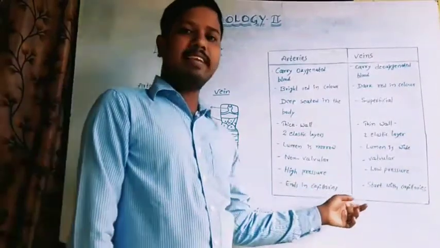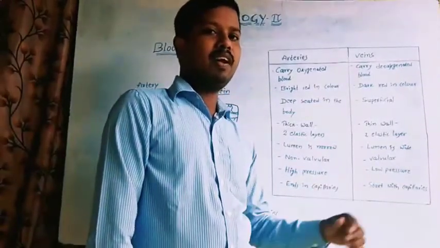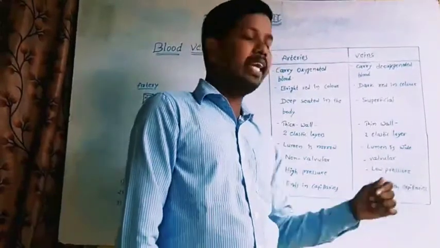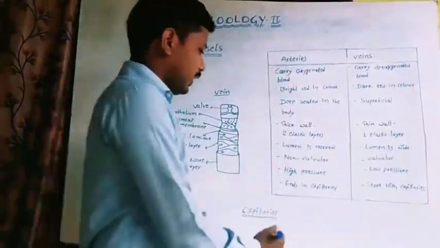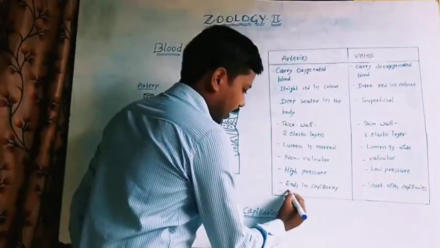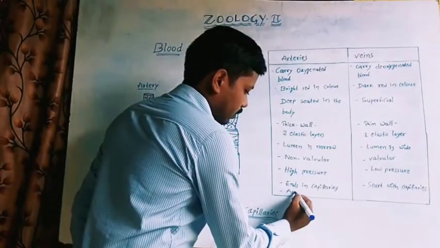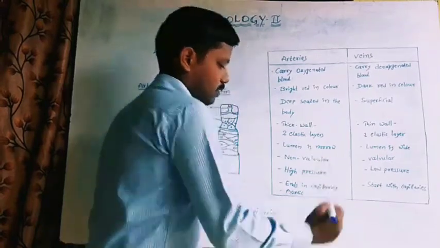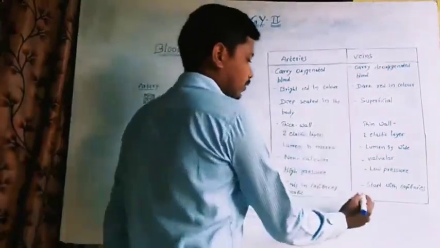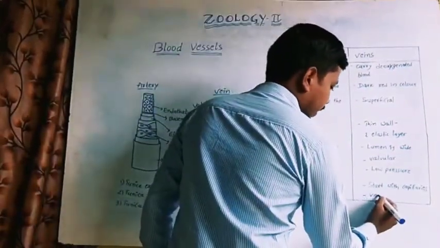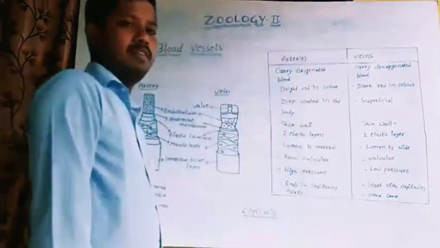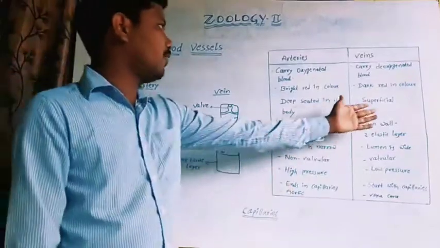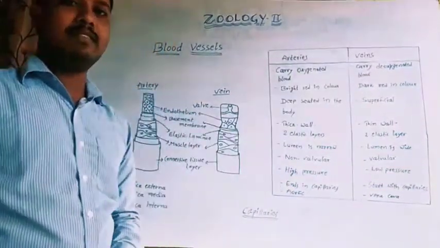Arteries end in capillaries. Veins start with the capillaries. The largest artery is the aorta, and the largest vein is the vena cava. So these are the differences between the arteries and veins.